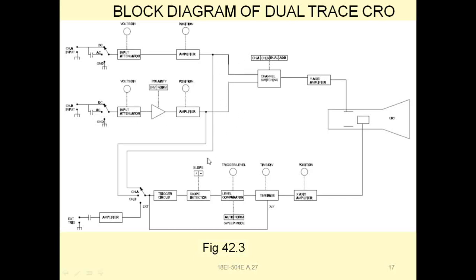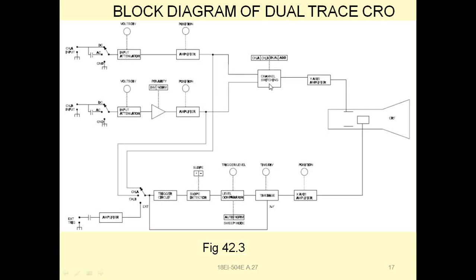And at the same time, when the channel selector switch is in channel A, the trigger selector switch also connects the channel 1 amplifier output as input to the trigger circuit.